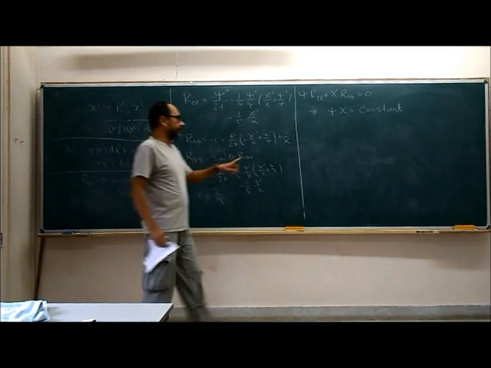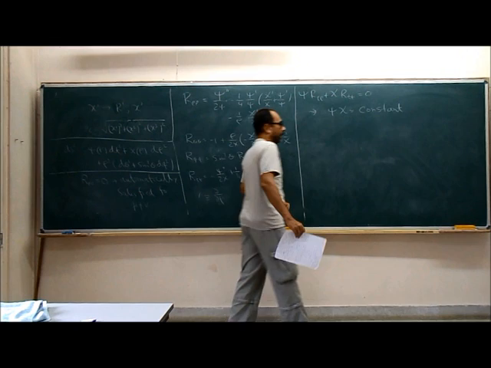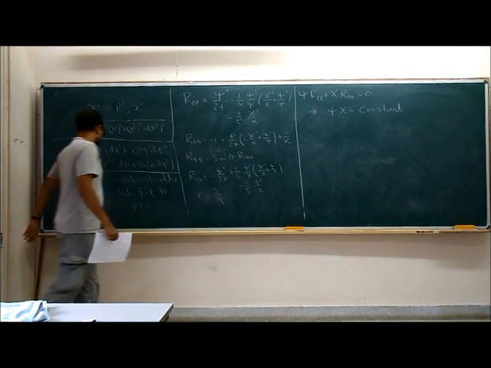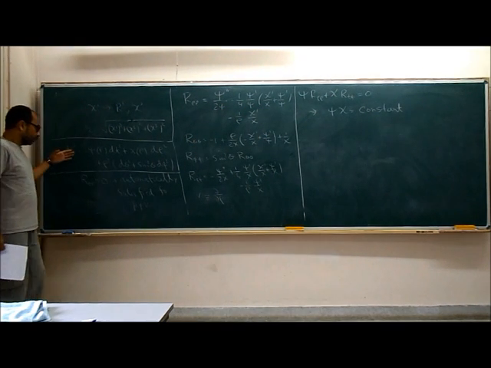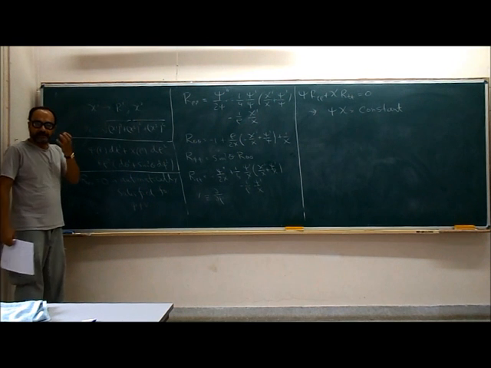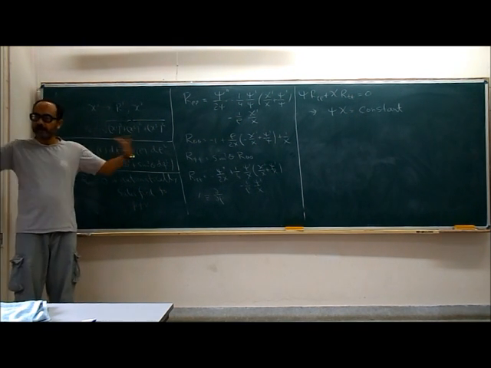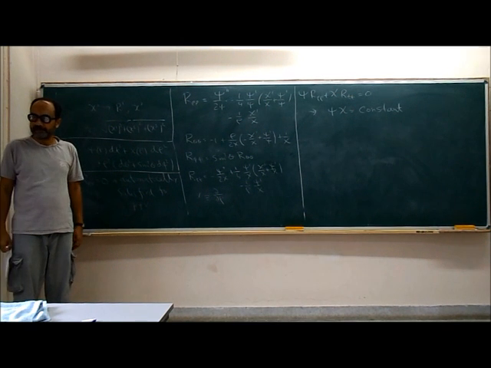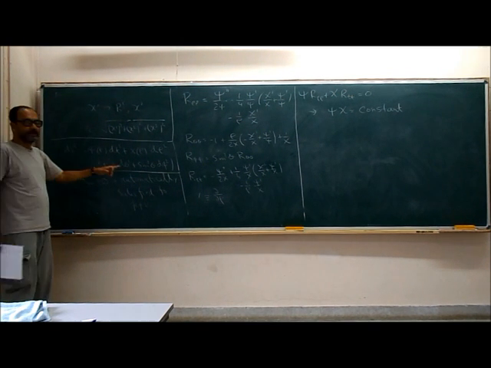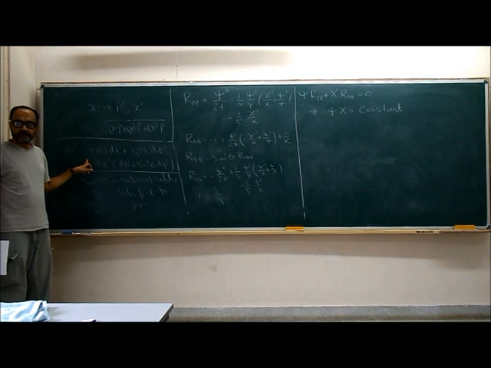But you can actually fix it uniquely to be 1 from physical considerations. After all, we want this metric to represent the field of a point mass, right? So we expect that far away from the point mass, which is ρ goes to infinity, this should reduce to a standard Minkowski metric.